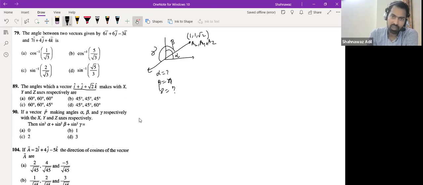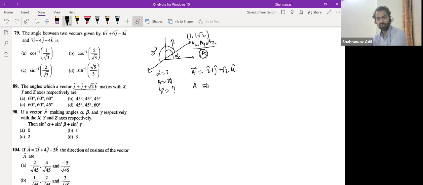Right. So first we need to calculate what is A. So A would be what, Akib? We have this vector A, and this is i plus j plus root 2 k. So what would be the magnitude? Yes, the first topic of vector classes.